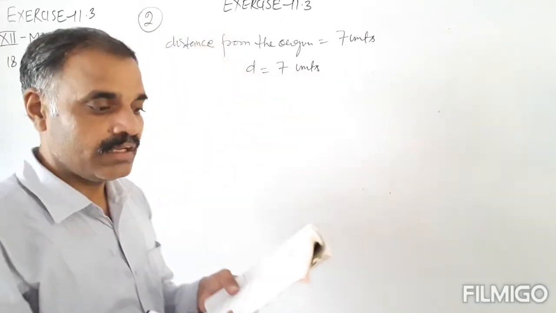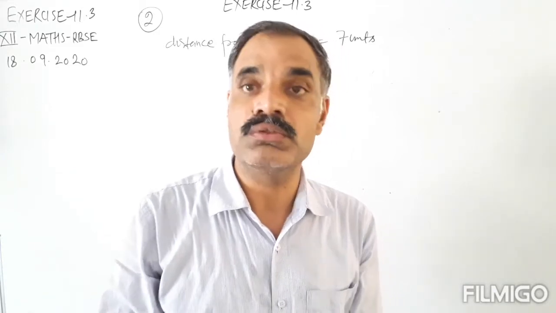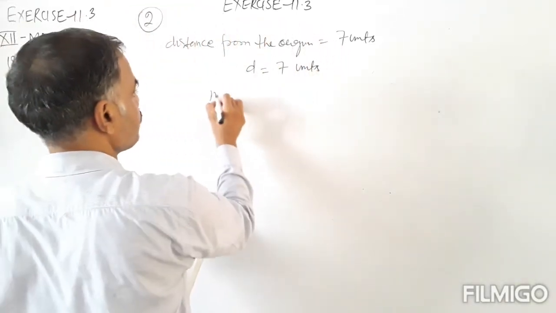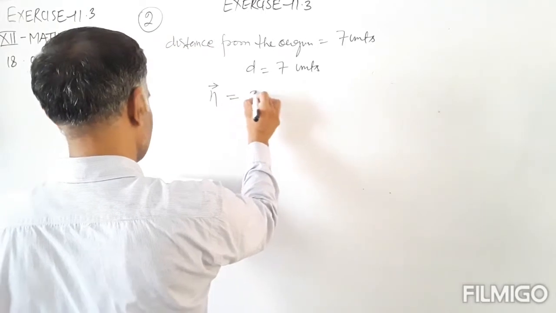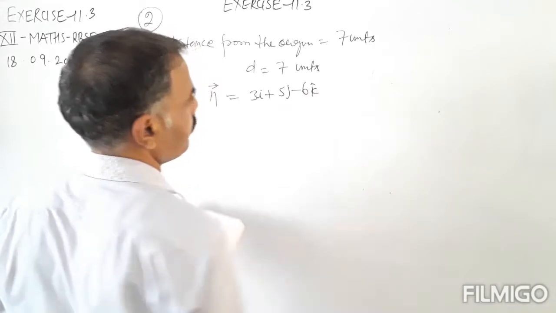Now the plane itself is normal to the vector. Normal to the vector means n vector is given as 3i cap plus 5j cap minus 6k cap.